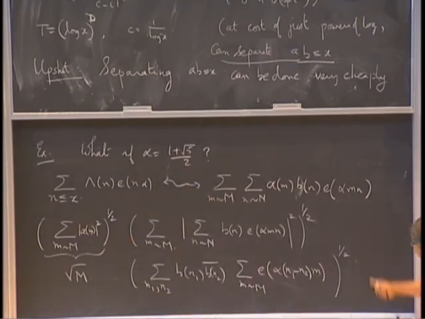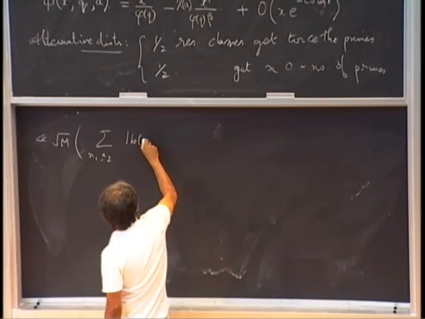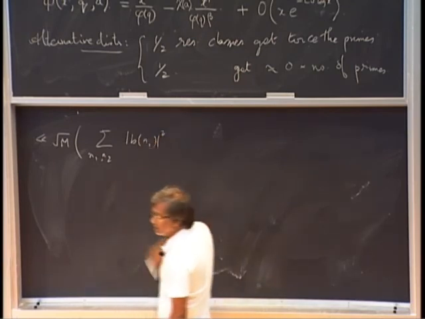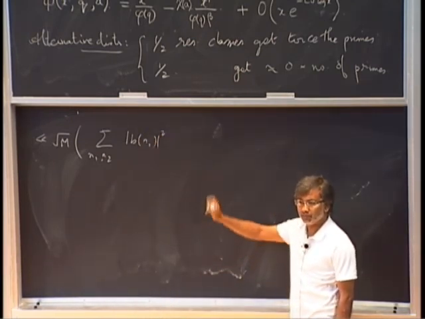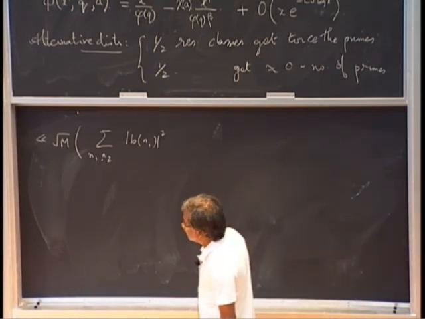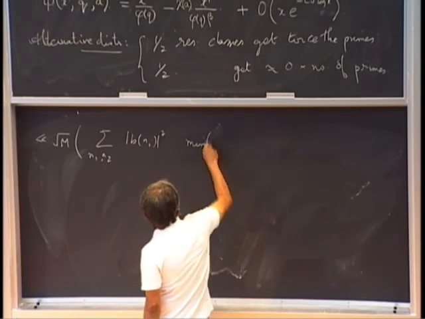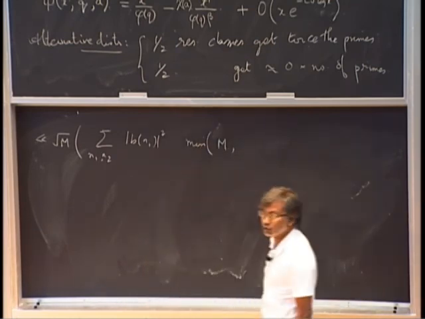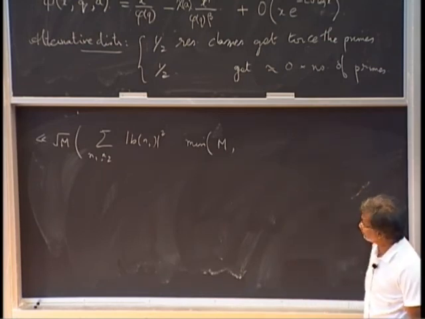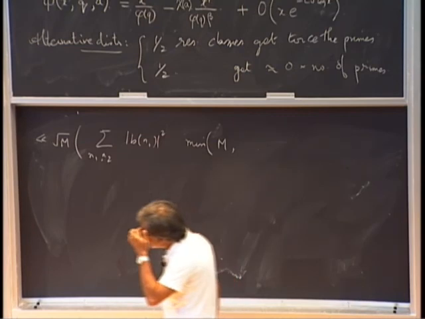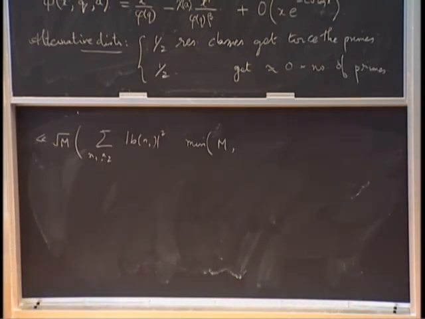So the inner sum over m is going to be bounded by the sum of b of n1 squared plus n2 squared, but let me just keep one of the n's by symmetry. And then what I have here is a sum over m, which I can replace by the minimum of M, since there are at most M terms, so I always have an upper bound of M, and then a geometric progression with common ratio e of alpha times (n1 minus n2).